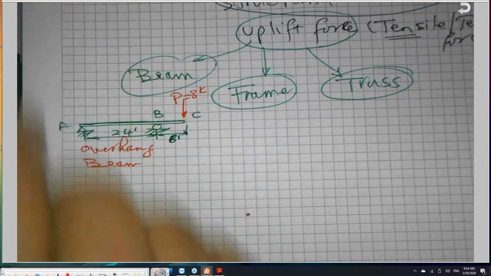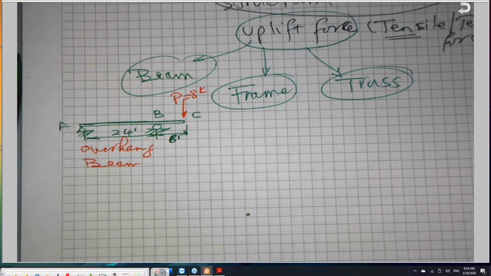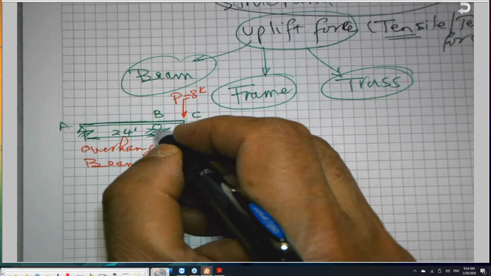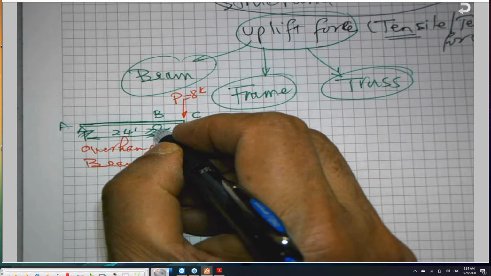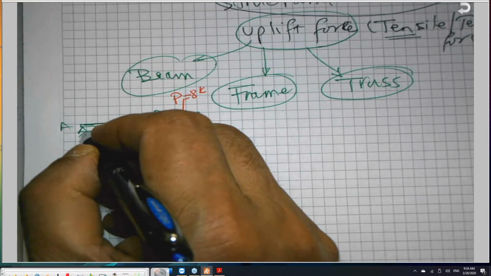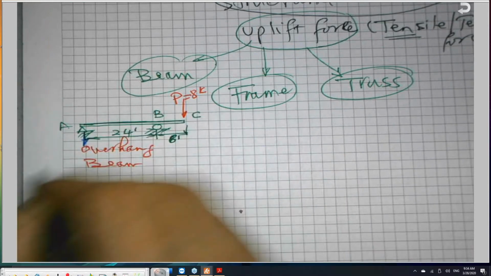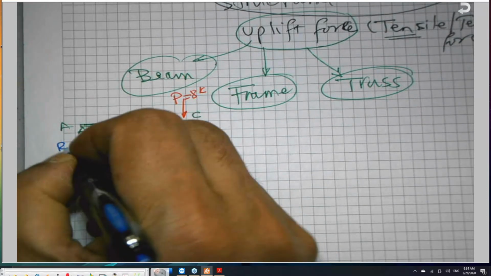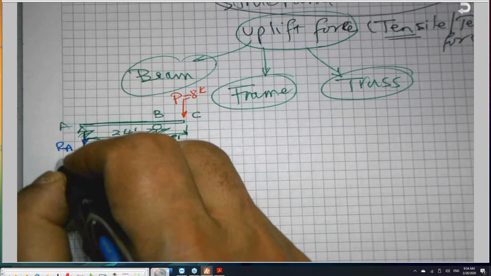Okay, do we have an uplift force? The answer is yes. How much? Simply, if I sum moments about support B, you will find there is a force here, which is a reaction, in fact. I will call it reaction at A, RA, or YA.